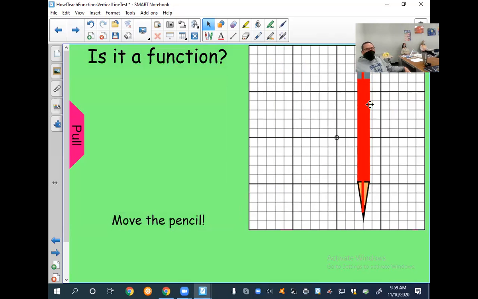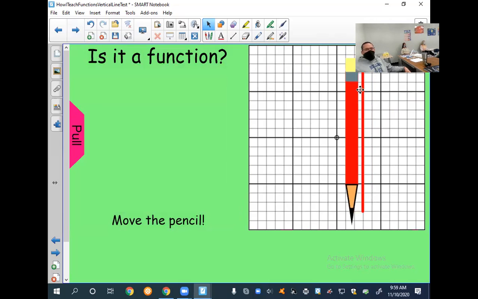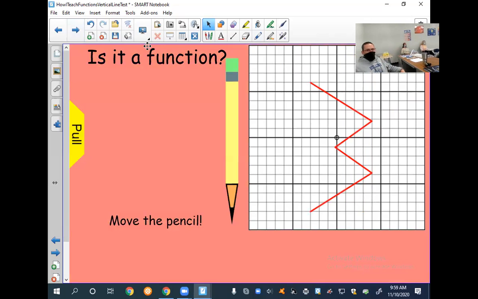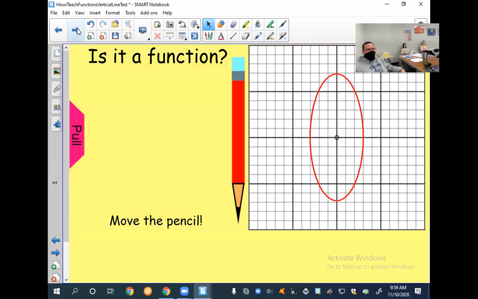The only one that's a perfectly straight line that is not a function is one that's doing this, right? Because if I drew a line, wouldn't it cross through a whole bunch of different points? That one confuses me. Hopefully it doesn't confuse you, but I just remember: straight up and down, not a function. This one? Definitely not. This one?